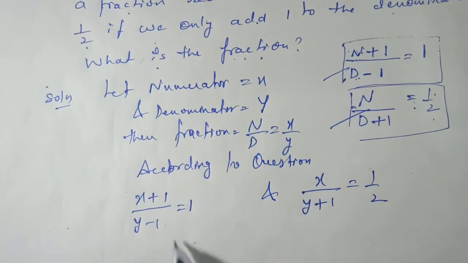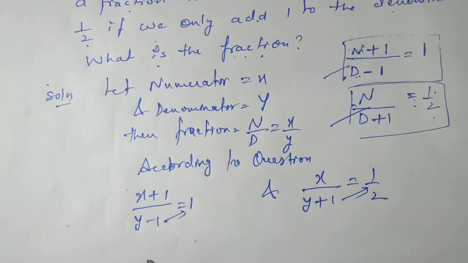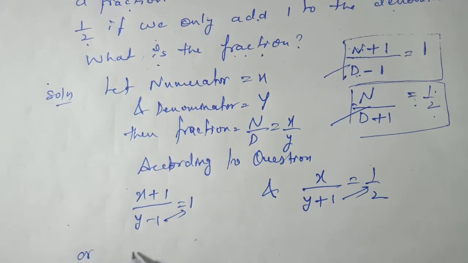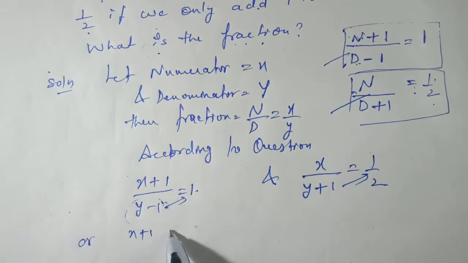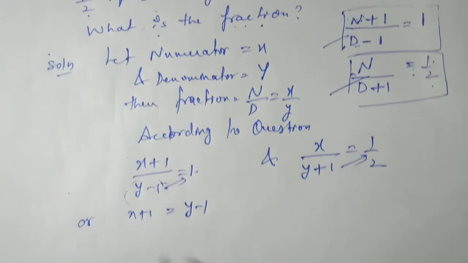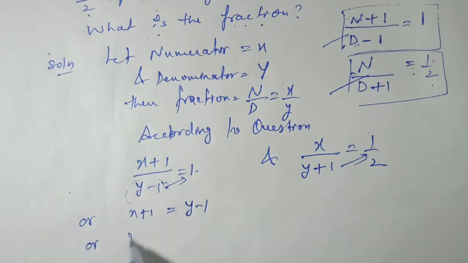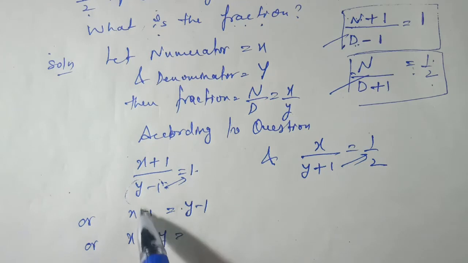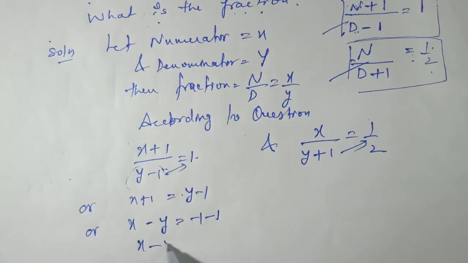So let us do the basic calculation over here and find out the equation. This can be written as x plus 1, and this whole combination will move to the other side, so it will be y minus 1. Taking the y term with x on one side, x minus y equal to minus 2, since plus 1 moves to the other side as minus 1.